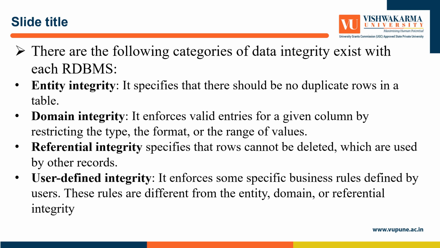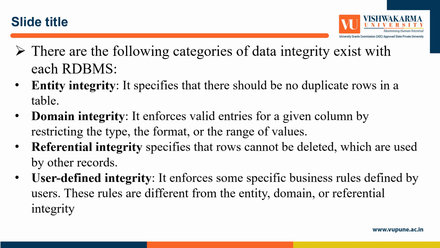Following are the categories of data integrity which exist in RDBMS: user-defined integrity, domain integrity, entity integrity, and referential integrity. Entity integrity specifies that there should be no duplicate rows in a table.